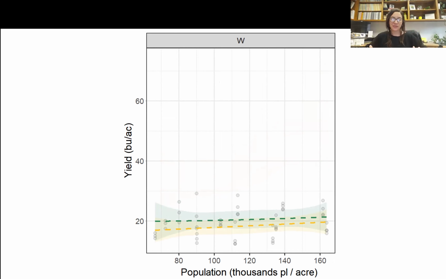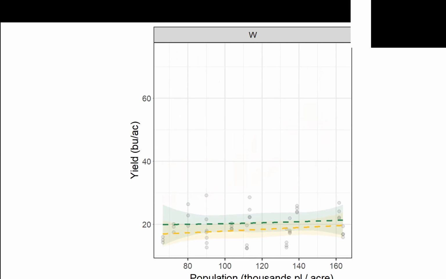Then we move to Williston. And in Williston, we don't have good yields. You can see that everything goes around 20 bushels, and we might not have that peak. So if you put 160,000 plants per acre, or if you put 80, it's exactly the same.